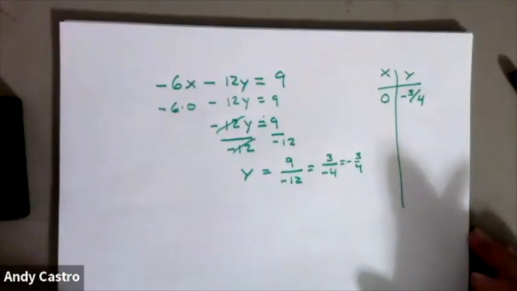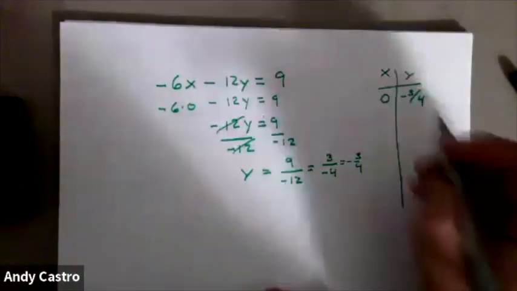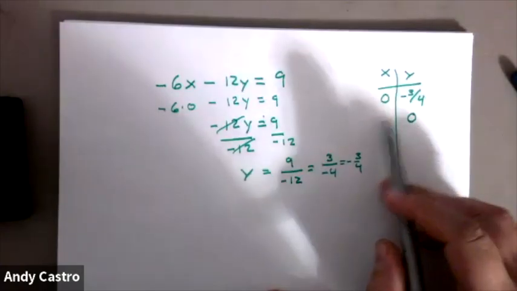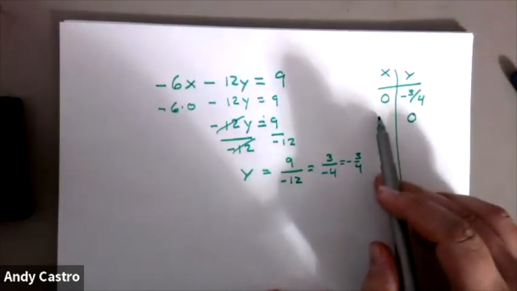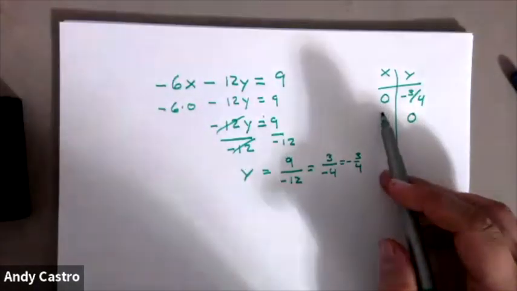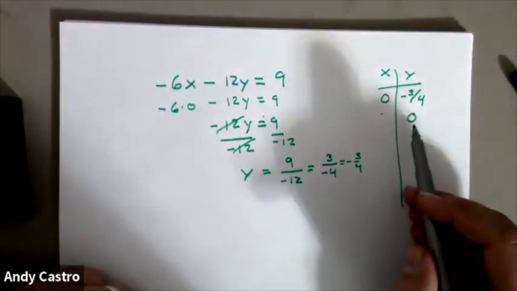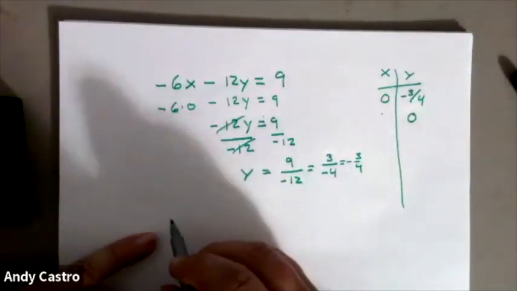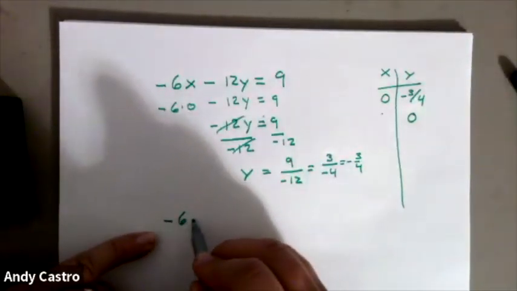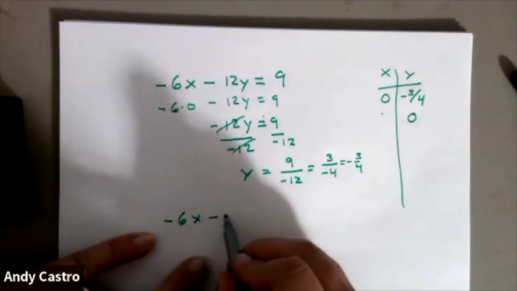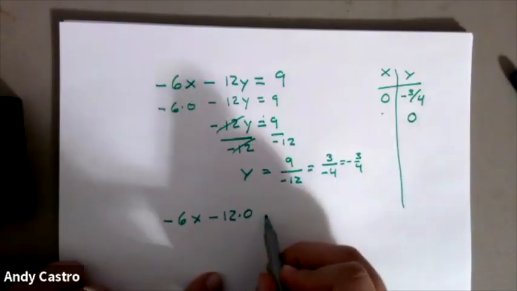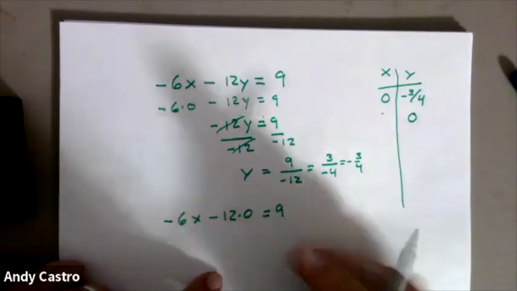All right, the other thing that I can do is I can put in 0 for y. When I put in 0 for y, I can then solve for x. And that's another easy thing, because anytime I'm multiplying by 0, it kind of gets rid of some things for me. So I have -6x minus 12 times 0, because now I'm plugging 0 in for y, is equal to 9.